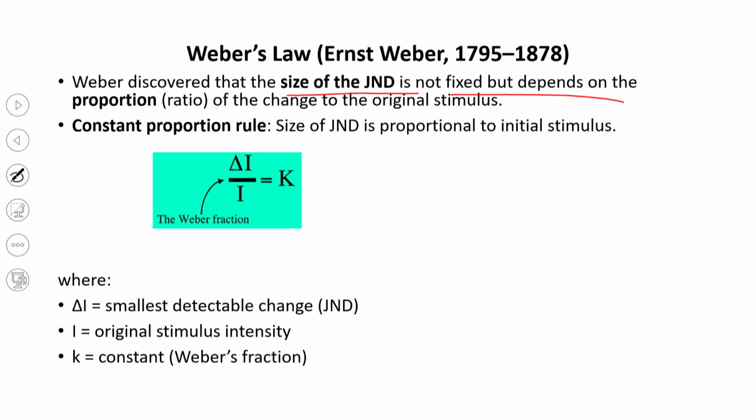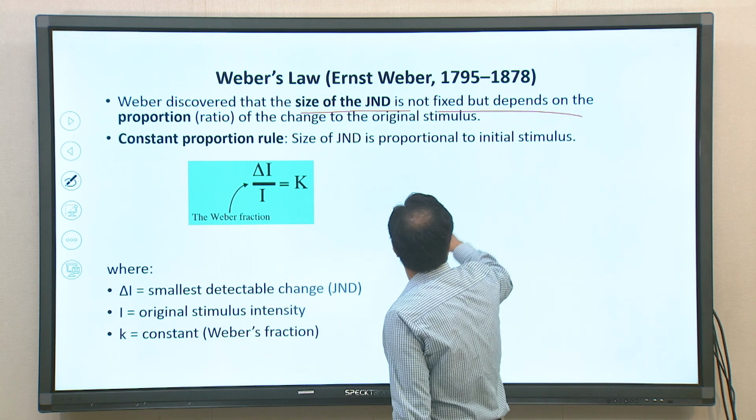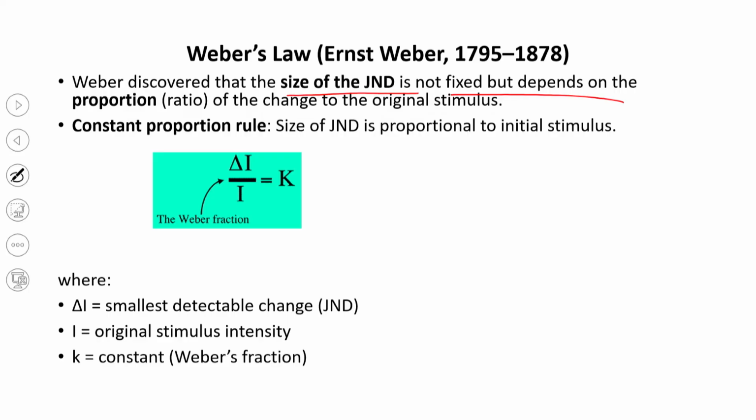It depends on the proportion of the change to the original stimulus, the intensity of the original stimulus. So, if the original stimulus changes, the amount of further change required will also change. So, it is not fixed.